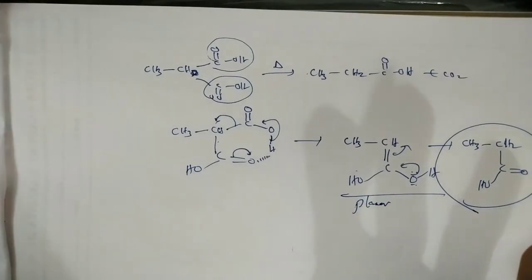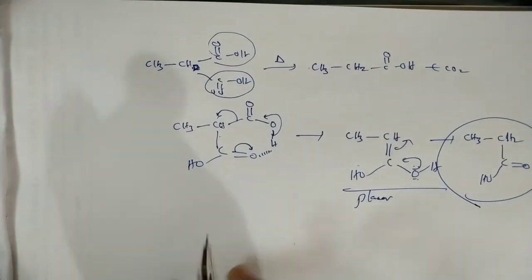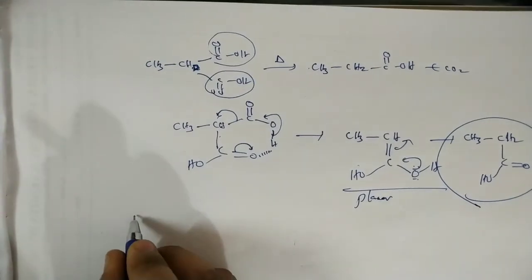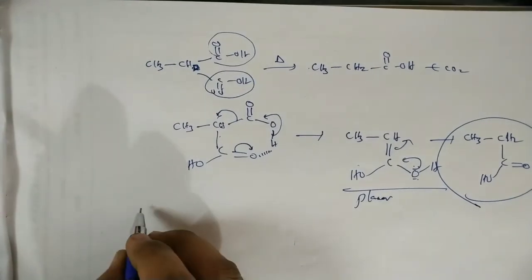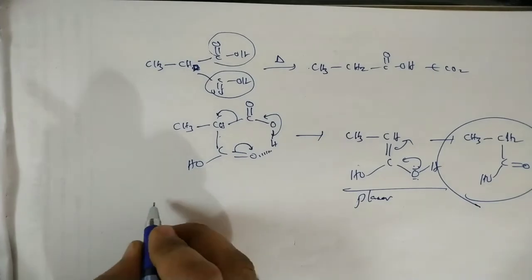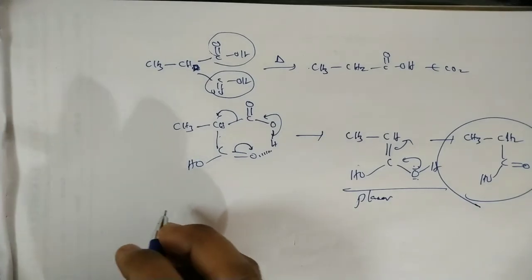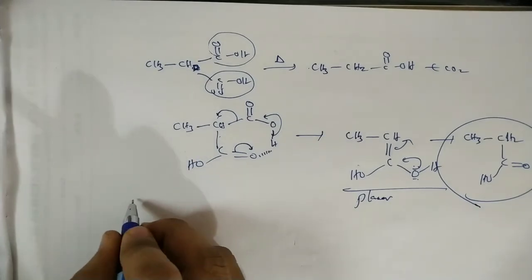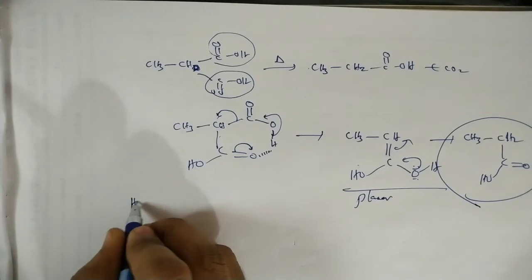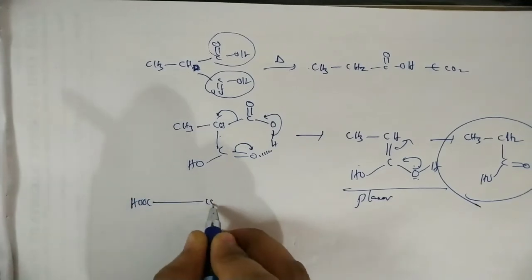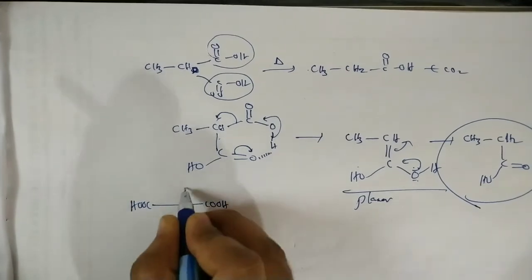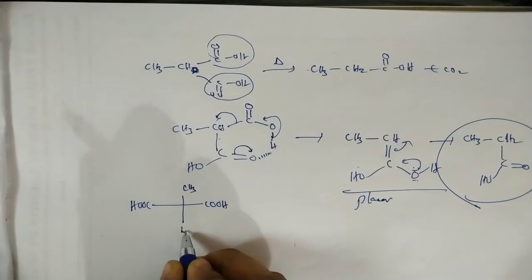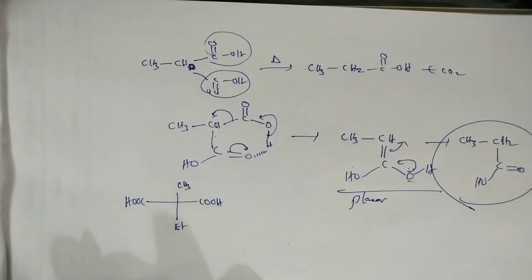So if you start with one carboxylic acid, that means here I am starting with this carboxylic acid. I'm writing like this: COOH, here COOH, and this is CH3 and ethyl.